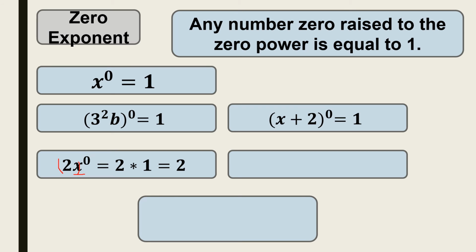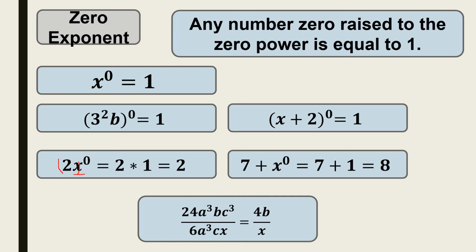So that's a common misconception for the zero exponent, and not only the zero exponent, but in the laws of exponents. As you may see here, 7 plus x raised to 0, that is 8. And this one, 24 8 cubed b c cubed equals 4b, and 6 8 cubed cx equals x.